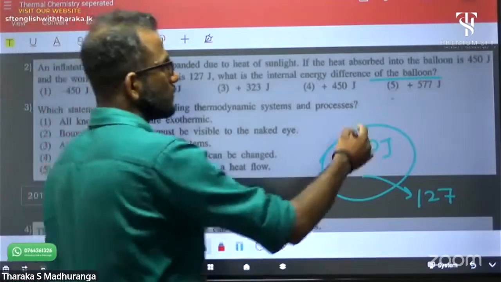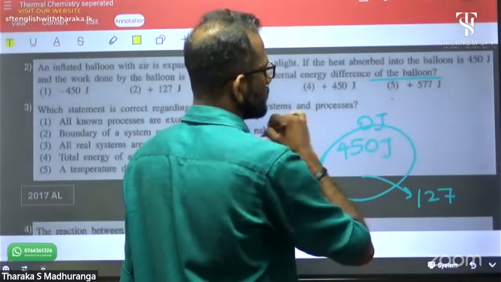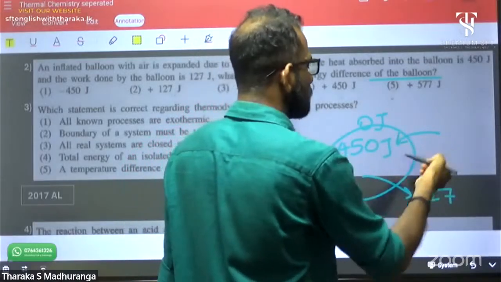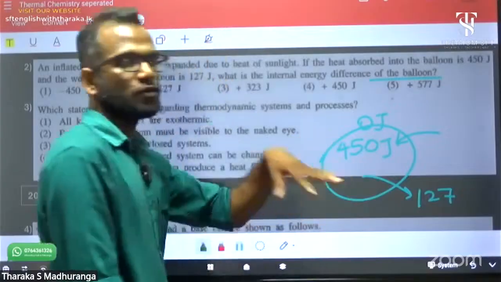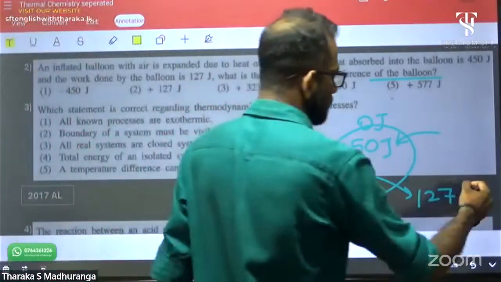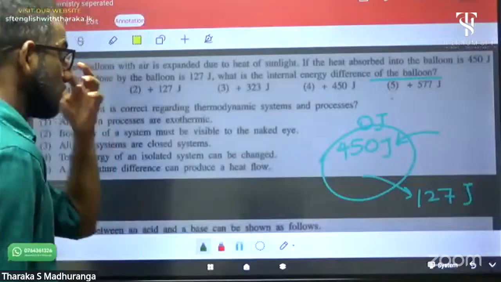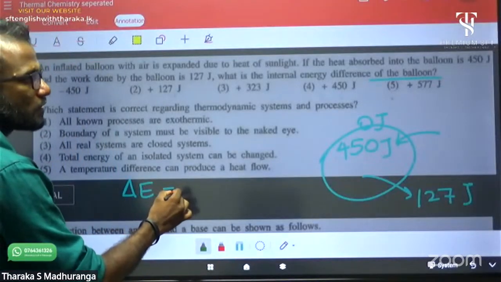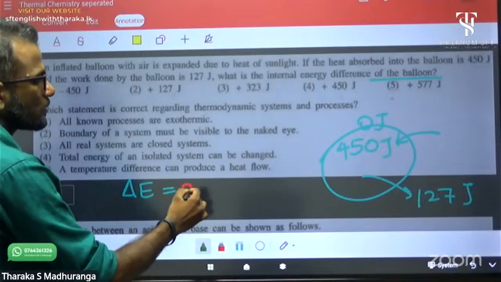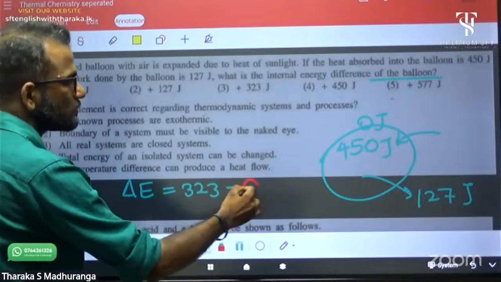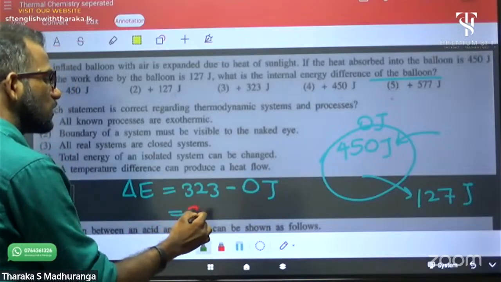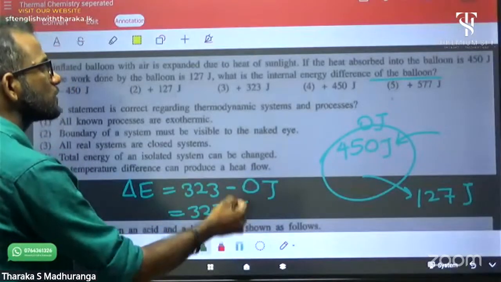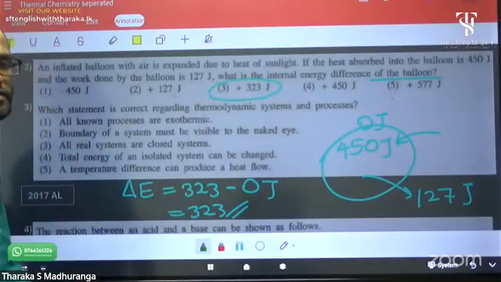Initially think it is zero. Initially 0 joule, 450 joule absorbing, and 127 joule is lost. Now final delta energy equals final energy level, 323, minus initially 0. 323, it's plus. Understood? Dinul?